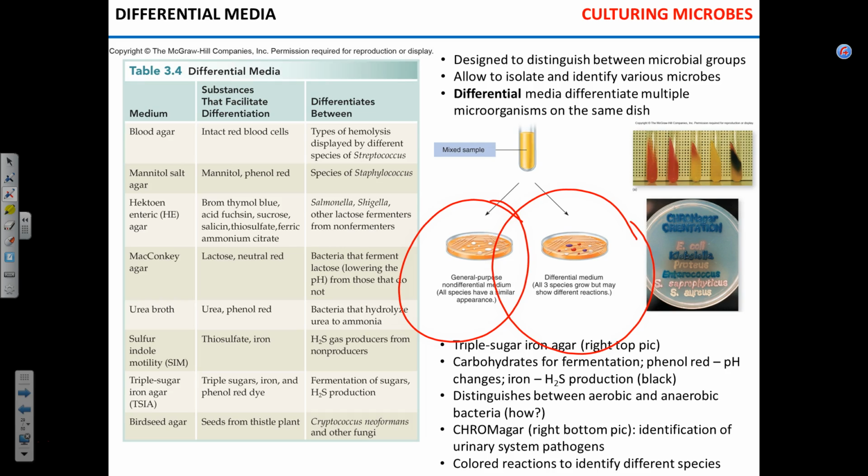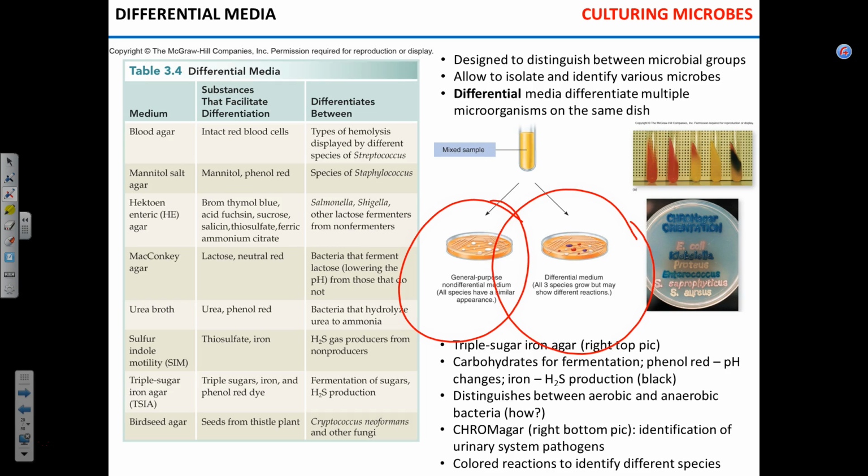That makes sense? So differential media contains chemicals that will give microbes different colors. So you will still get 5, 6, 7 species. It's not that restrictive, right? But it will allow you to differentiate species based on their appearance.